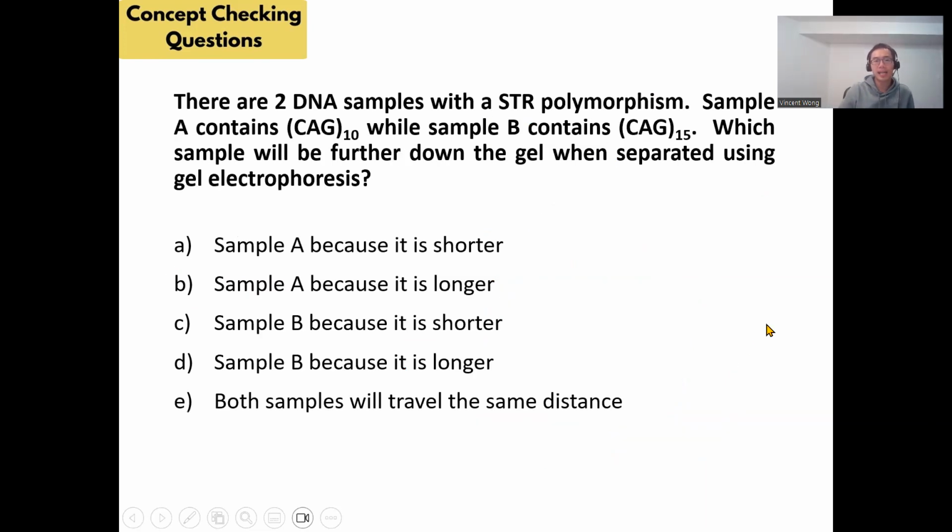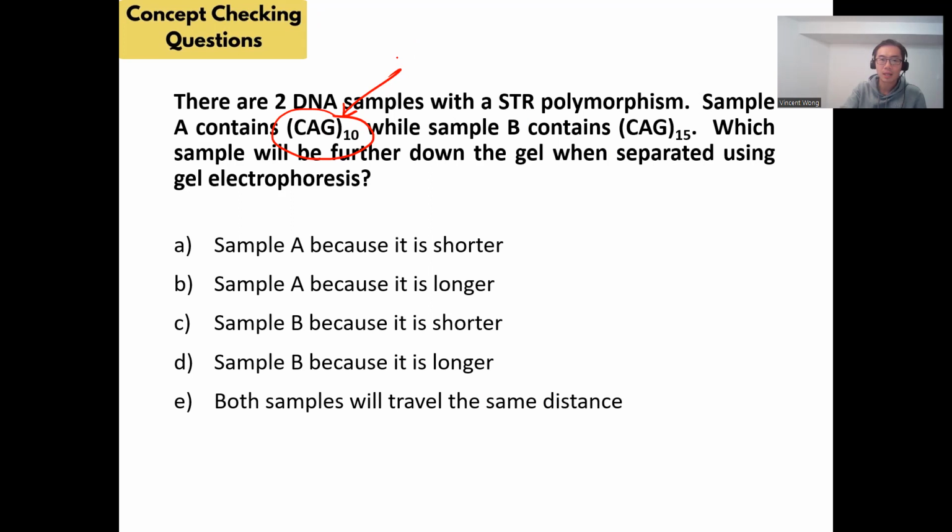There are 2 DNA samples with an STR polymorphism. Sample A contains CAG repeated 10 times, while sample B contains CAG repeated 15 times. Which sample will go further down the gel when separated using gel electrophoresis? Okay, this is CAG repeated 10 times.